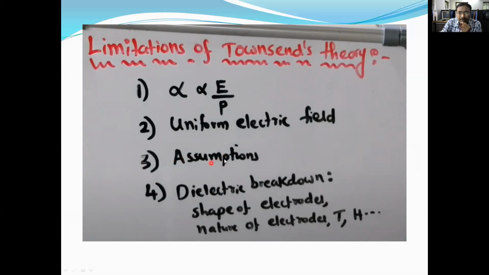Then, dielectric breakdown depends on the shape of electrodes, nature of electrodes, temperature, and humidity. The theory does not consider the shape and nature of the electrodes, and also not temperature or humidity. Without considering these factors, the expression is derived and the concept explained. This is a drawback of the concept.